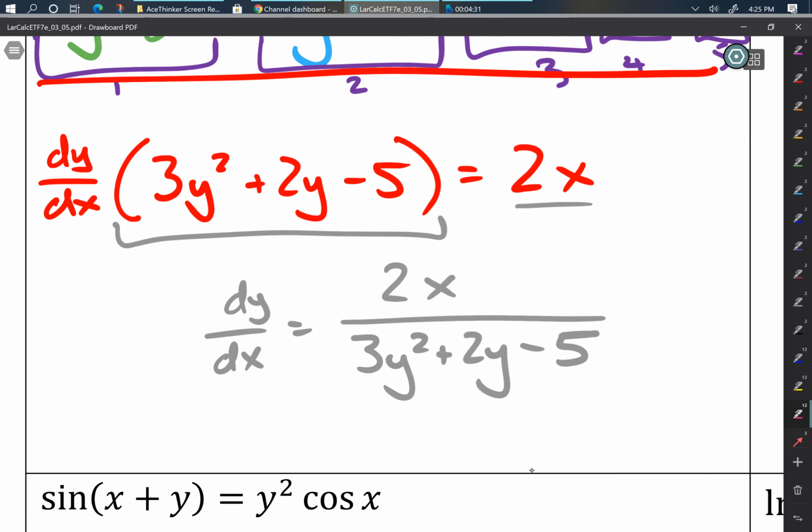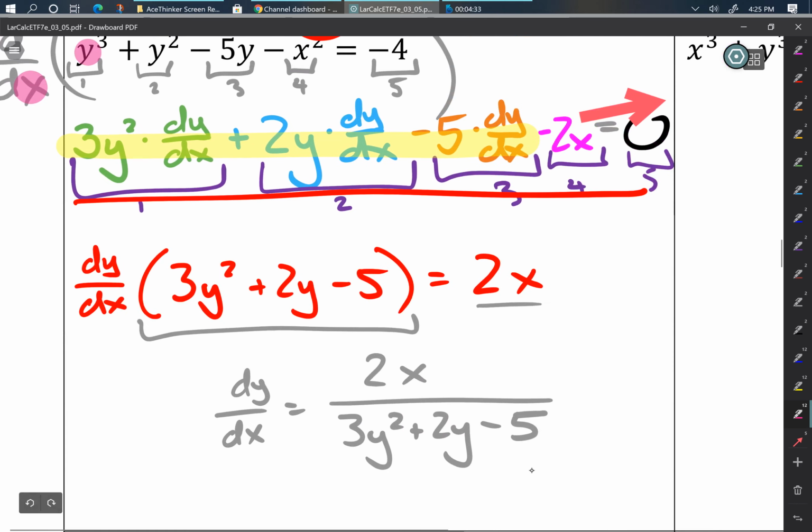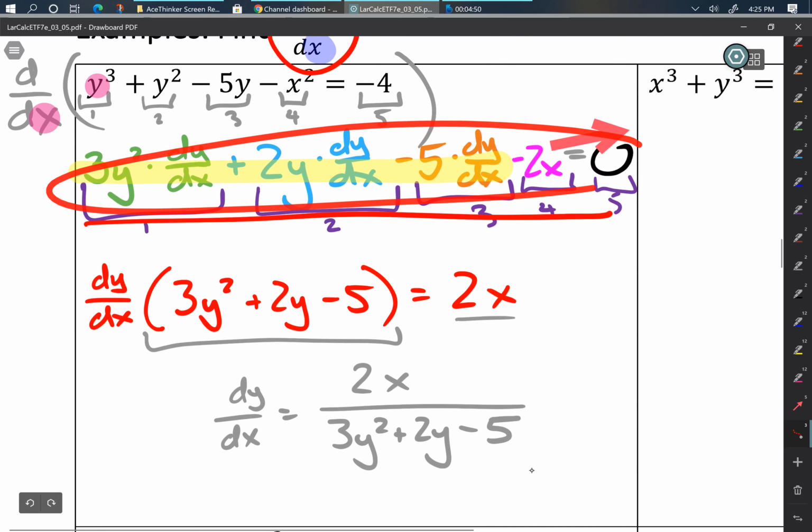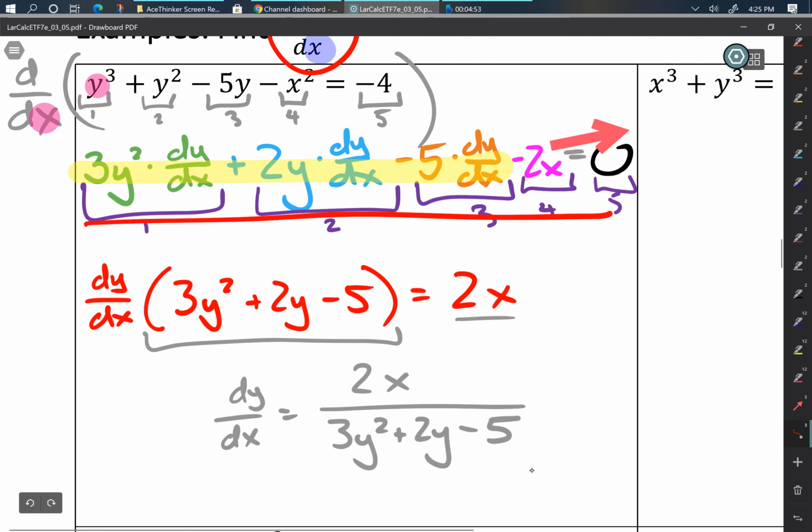All right, so before we move on, though, I want to talk about some things that are going to happen here. You should have noticed, I hope you noticed, that when you're handed an equation, you're going to have a left side and a right side in the equation. You're going to have a left side and a right side in your derivative on that first step. So right here, when we did that first step, I still have both sides of this equation.